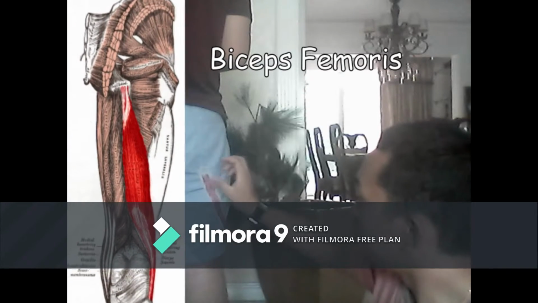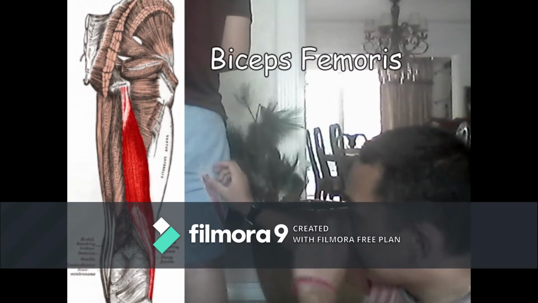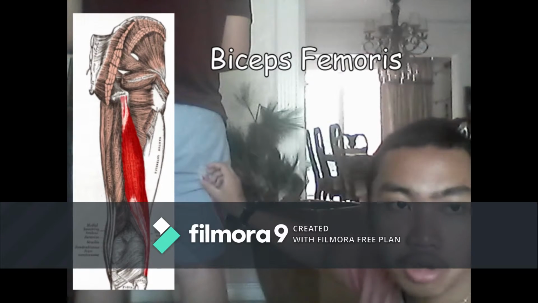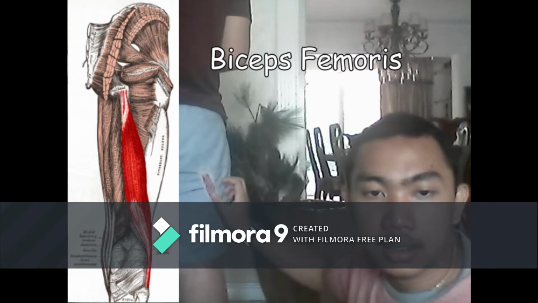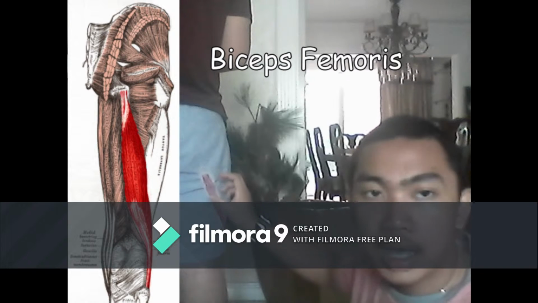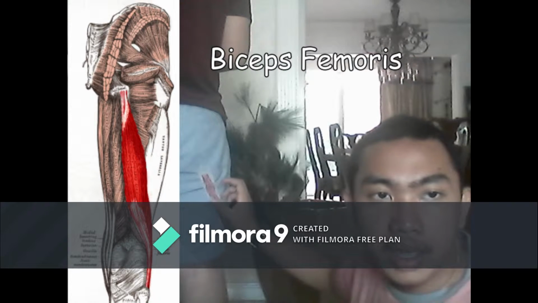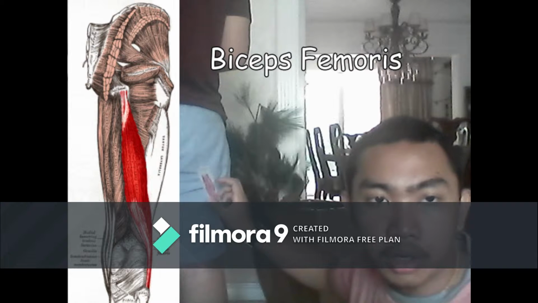So next, I'll be talking about the biceps femoris. So it originates from the tuberosity of the ischium and the linea aspera and the femur.